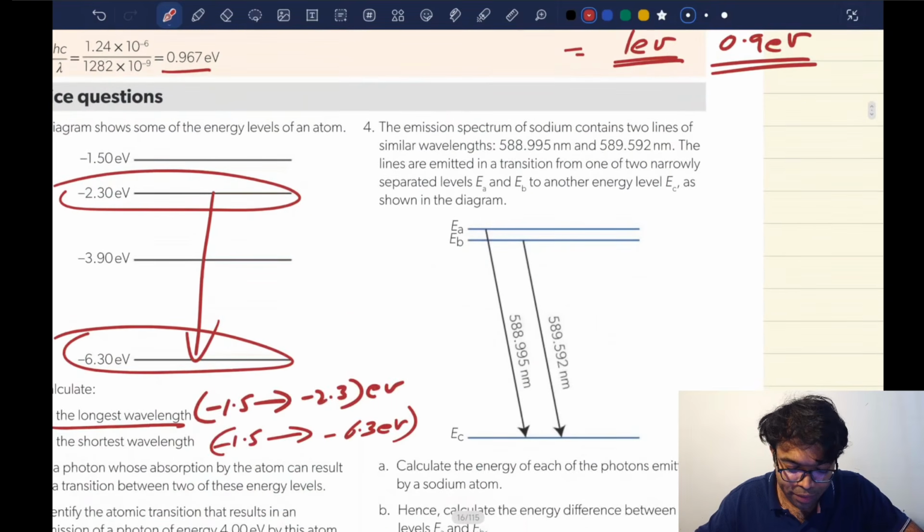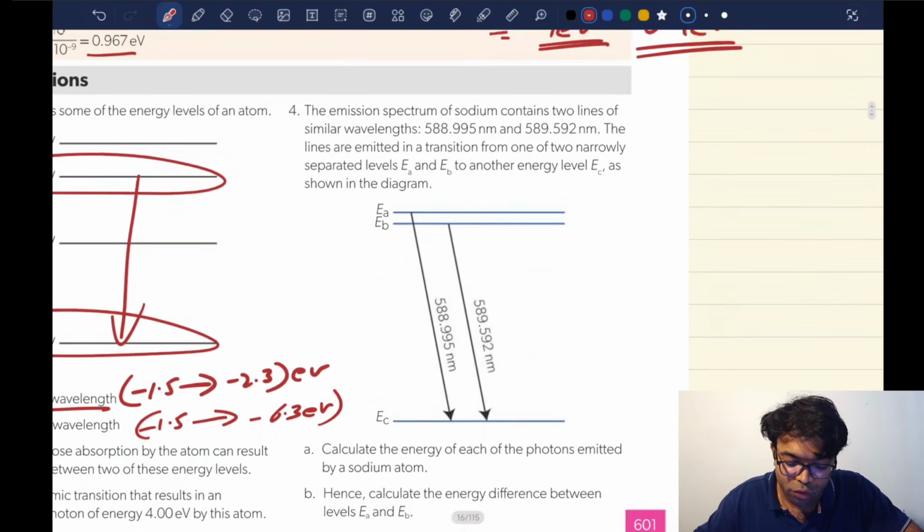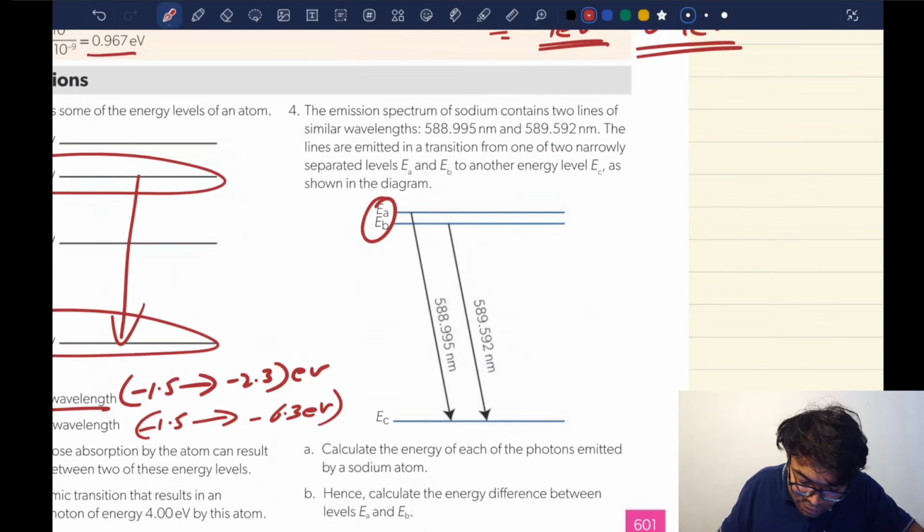Easy, right? Next one. The emission spectrum of sodium contains two lines of similar wavelengths, 588.995 nanometer and 589.592 nanometer. The lines are emitted in a transition from one of two narrowly separated energy levels, EA and EB, to another energy level, EC.